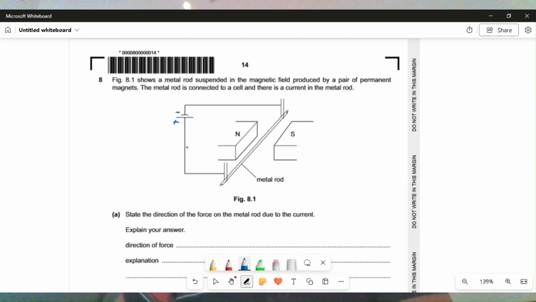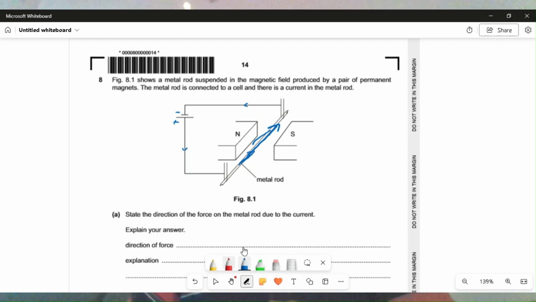Current starts from positive toward the negative side like this and it completes the circuit. This blue line shows the direction of current.